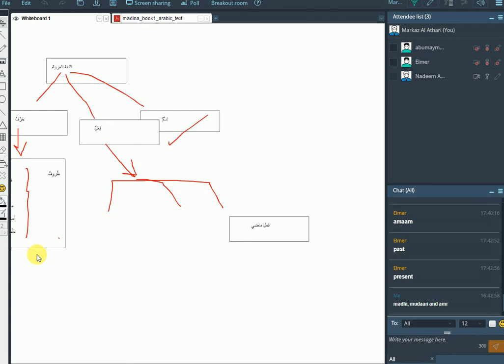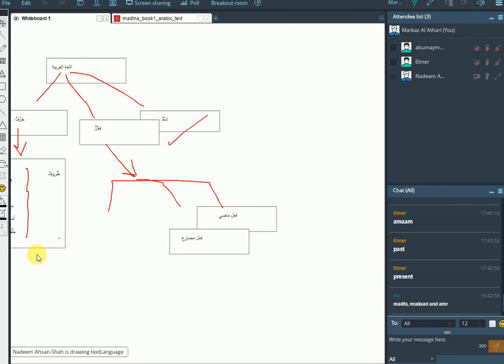And then you also have fi'l mudari', as you said rightly so, which refers to the present tense. Jayyid.